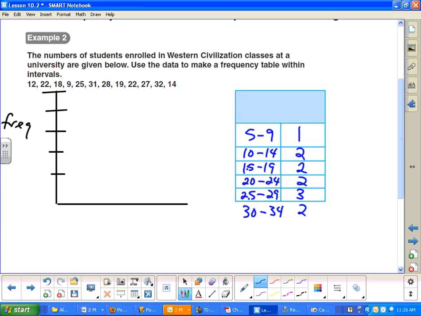So we have 1, 2, 3, 4, 5. This is the number of pieces of data I have. Along the bottom, we're also going to have evenly spaced, and we need how many? We need 1, 2, 3, 4, 5, 6 of them. So we need to have enough for 6 different intervals here.